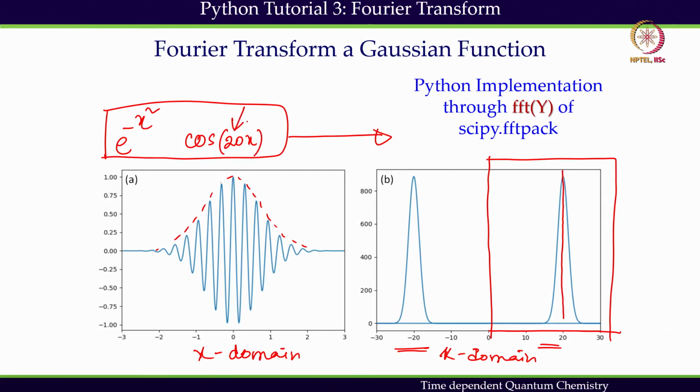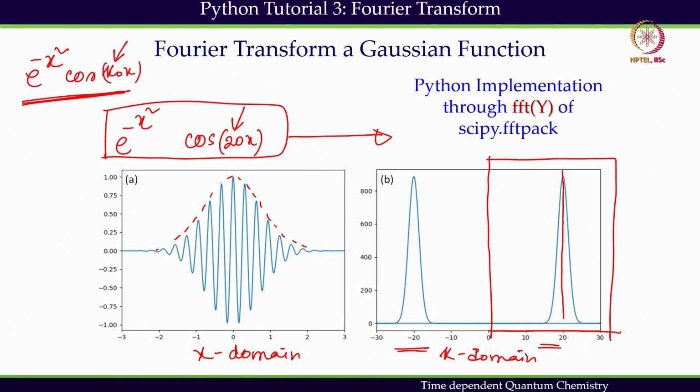we know from the discussion of the wave packet that if I have a Gaussian wave packet represented by e to the minus x square times cos of k naught x, it means that the average spatial frequency component is going to be k naught.